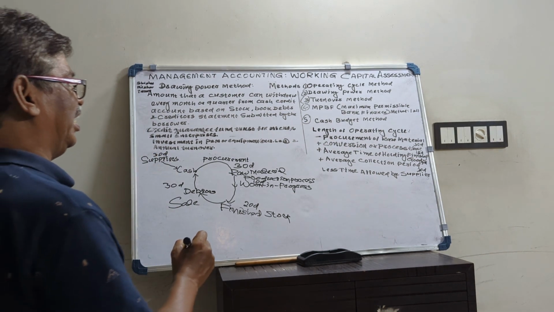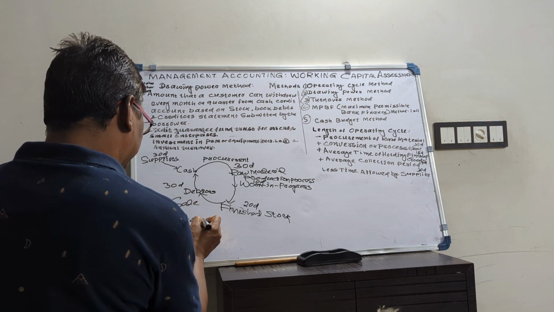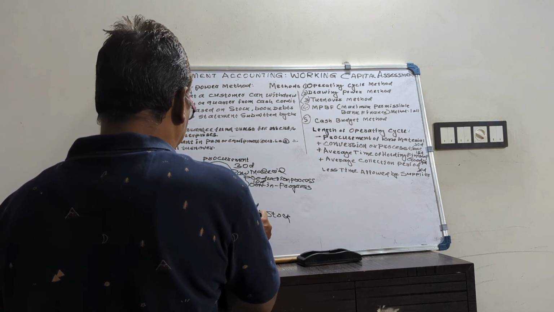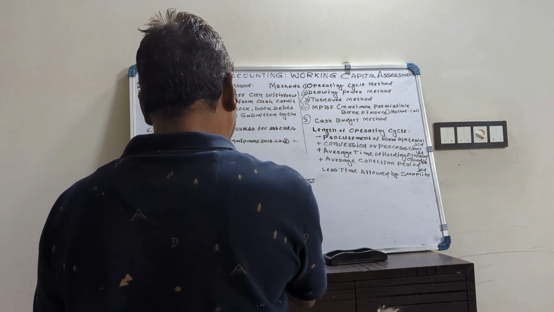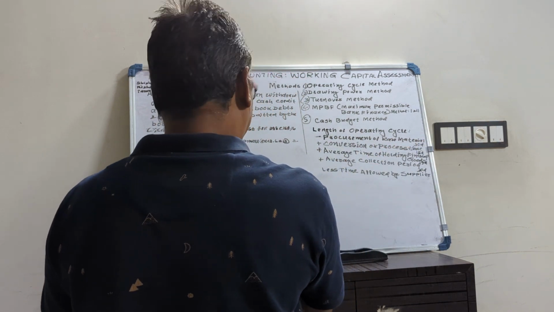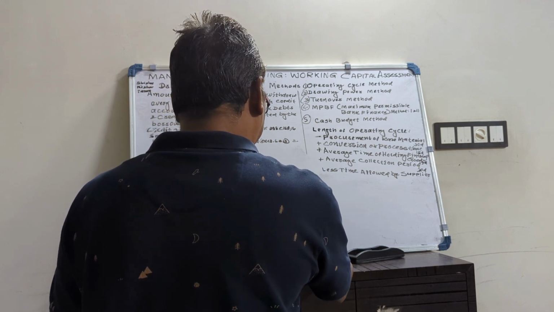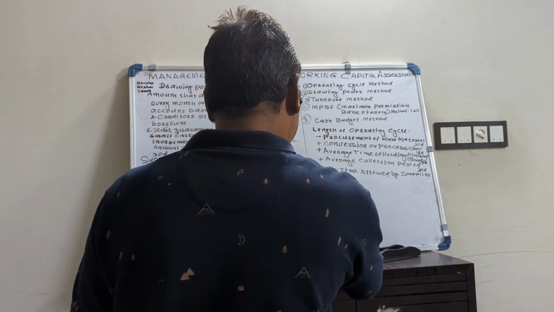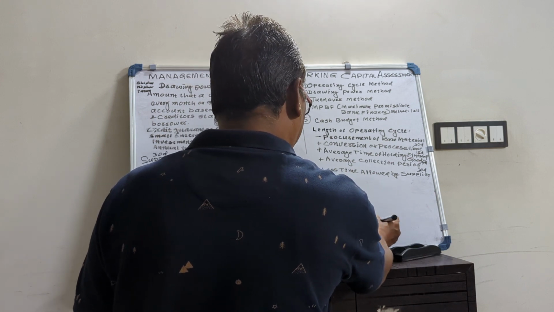So the total operating cycle period is equal to procurement of raw material, that is 30 days, plus conversion or process time, that is first work in progress 10 days, in finished goods 20 days, then the average time of holding the finished goods, 30 days, less the time allowed by the supplier, 30 days.